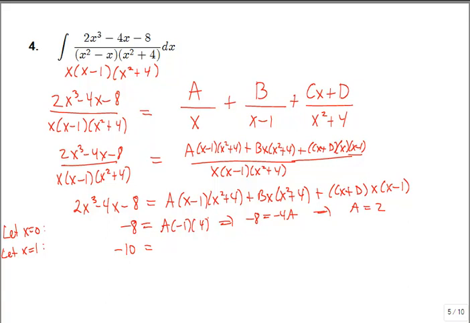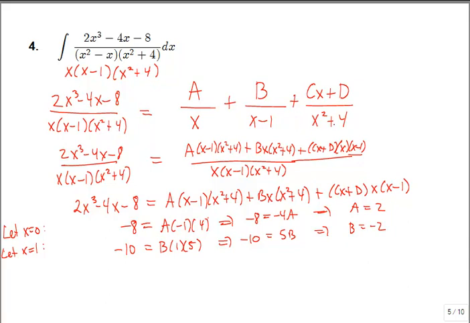Similarly for this one, 1 minus 1 will be 0, so all of this goes to 0. The only one that doesn't go to 0 is the one in the middle with the b. So we'll get b. We're letting x be 1, and 1 squared plus 4 will be 5. So we get negative 10 equals 5b, so negative 2 is b.